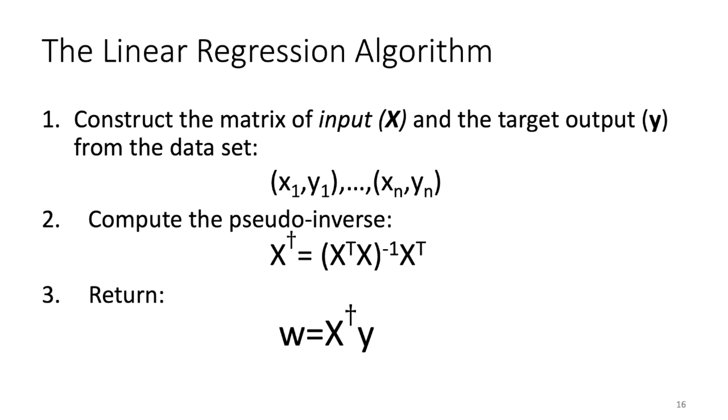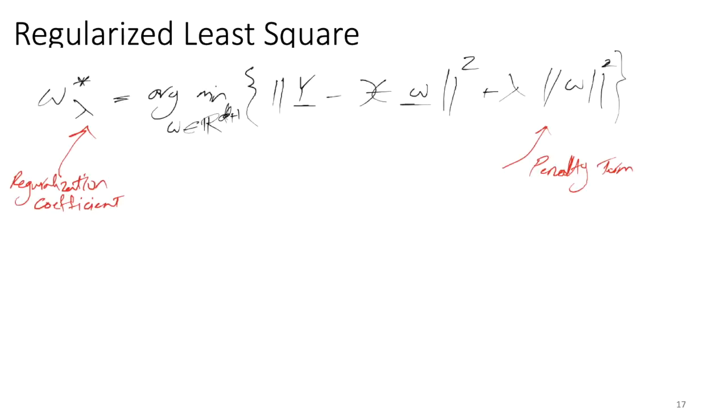I'll have a couple more slides if you bear with me, and then we can finish. Okay? We have a variant of least square, which is called regularized least square. It's the same least square, but you add another hyperparameter called lambda, which is the coefficient.